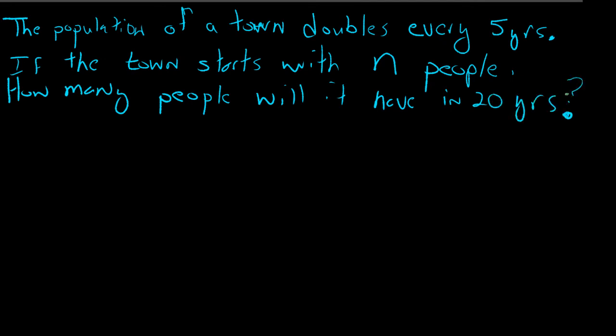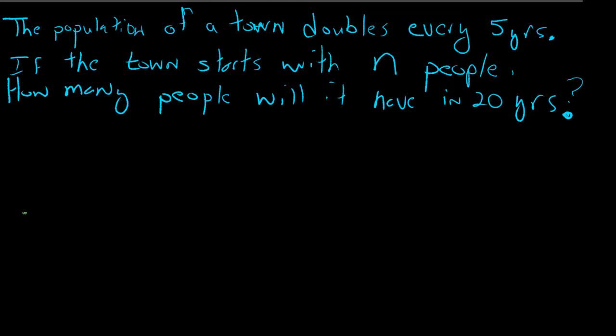All right, so there's the problem I have with my lovely penned out handwriting here. Again, this will be on the slide. So we're looking at the population of a town doubles every 5 years. If the town starts with n people, how many people will it have in 20 years?